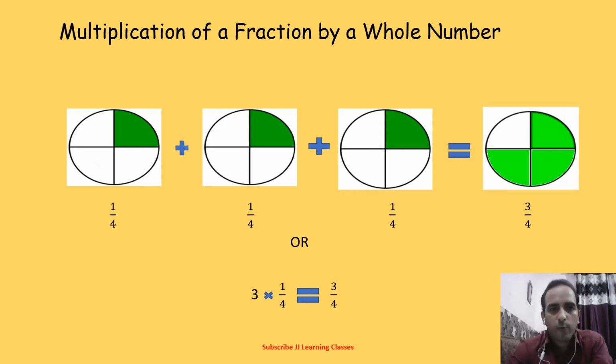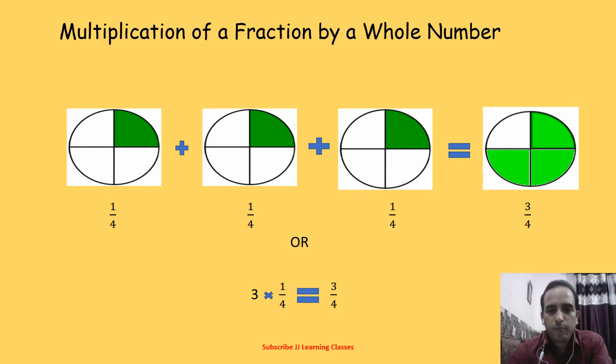You can see 1 by 4, a proper fraction, then again plus 1 by 4 and 1 by 4. The same value is being added 3 times. So in place of adding the same fraction again and again, we take 3 as a whole number, meaning 3 times the same value.